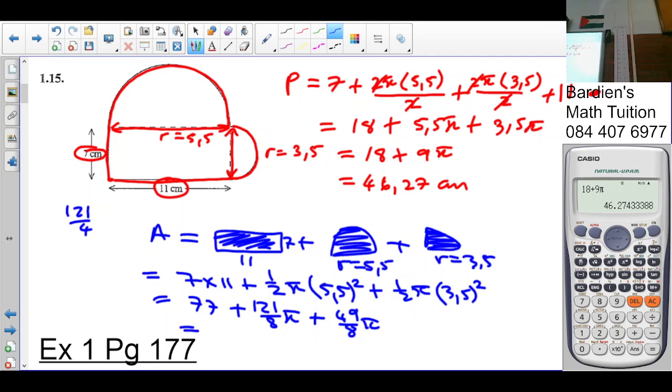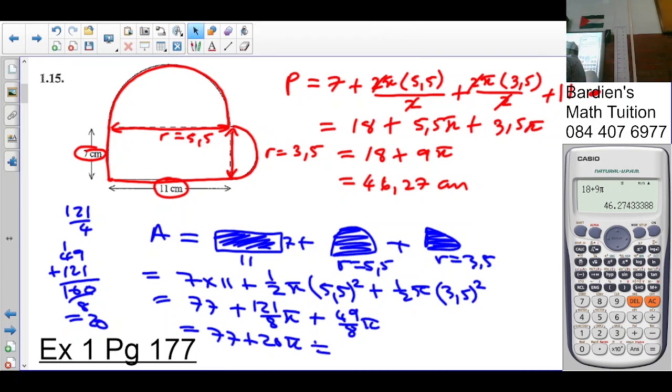Okay? So 49 plus 121 is going to give you 160. 160 divided by 8 is going to give you 20. So I'm getting 77 plus 25.